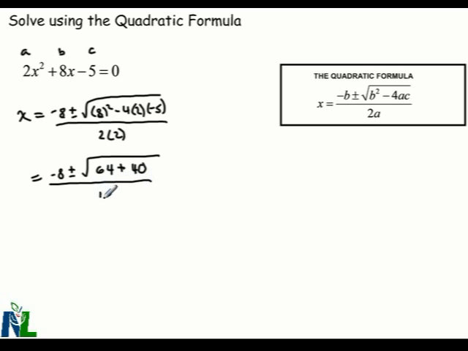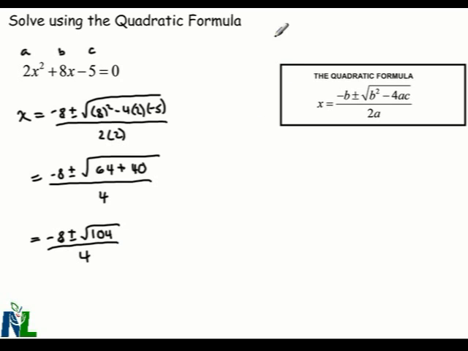All over 4. We go a step further. I got negative 8 plus or minus square root of 104 over 4. However, in most cases, I would not be able to leave my answer right here.